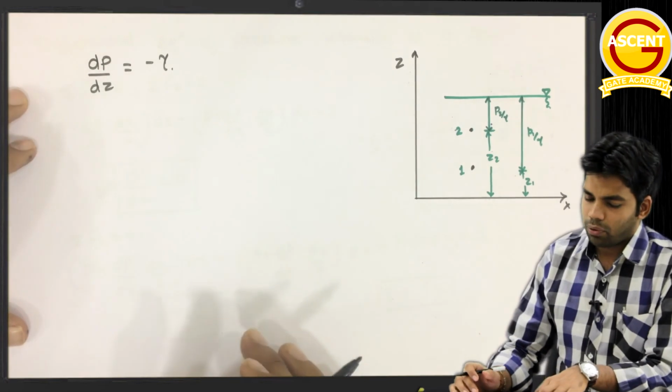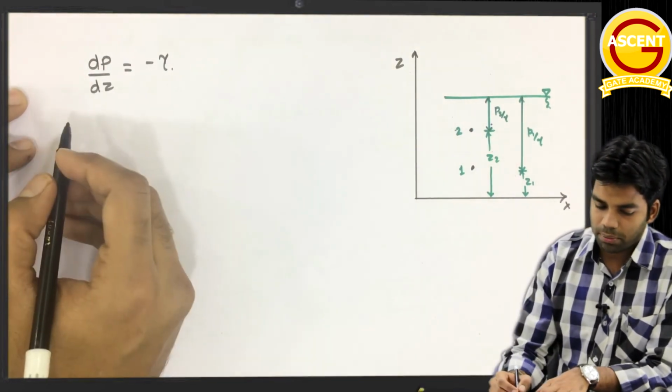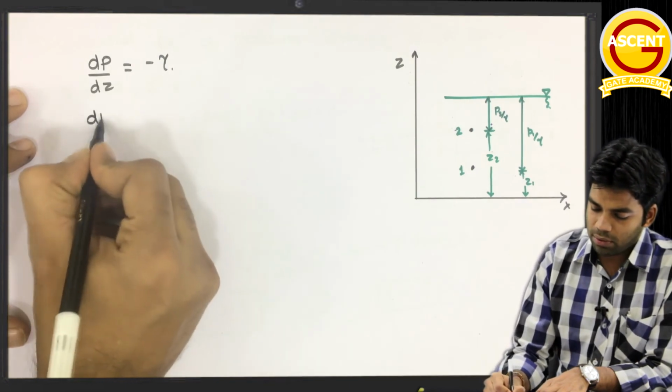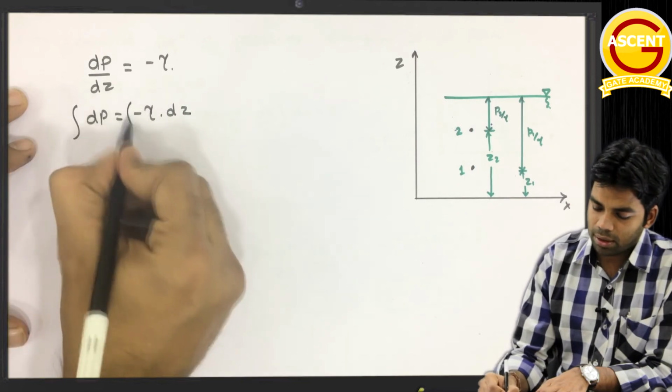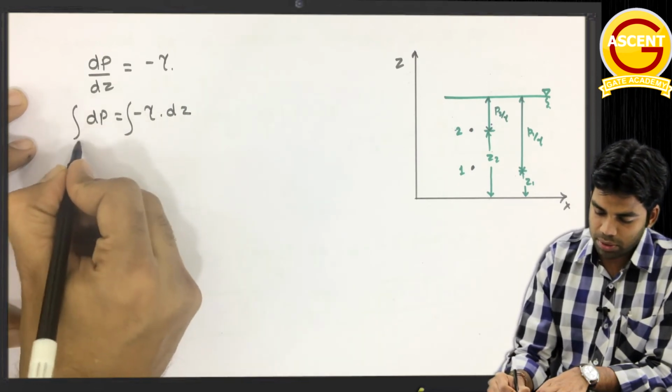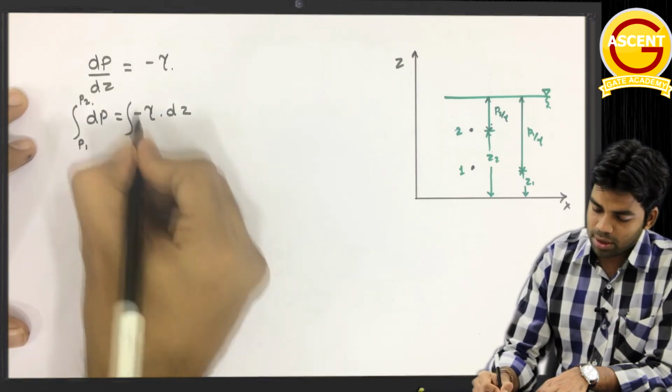Now we want to determine the relation for this. So dP will be equal to minus gamma into dz. Now if I integrate it between the 2 points, this will be integrated between P1 and P2, and this will be integrated between Z1 and Z2.